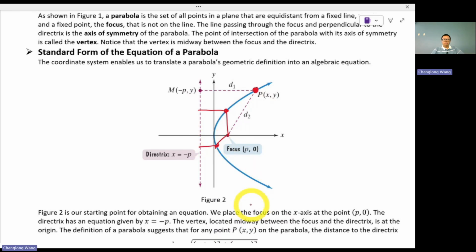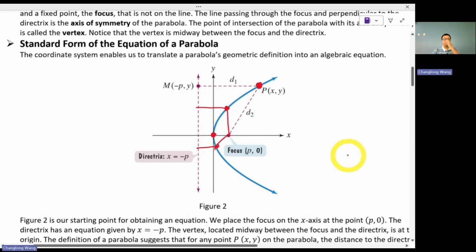Okay. But now, if we were to put a parabola centered at the origin, so this is the origin, and let's say it's a horizontal opening parabola, let's say open to the right, then you know that the focus has to be on the right. And let's place it at p units.